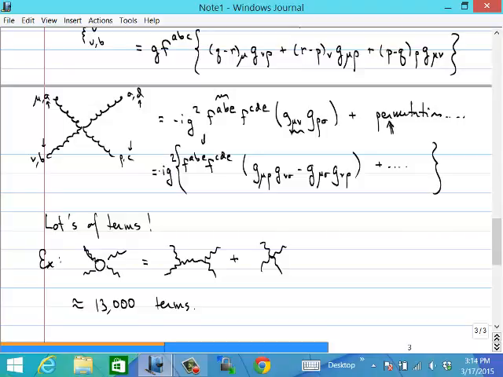But because of all the various ways that you can contract these group theory indices, when you add them in Yang-Mills theory, even tree-level diagrams in Yang-Mills theory are completely horrible.